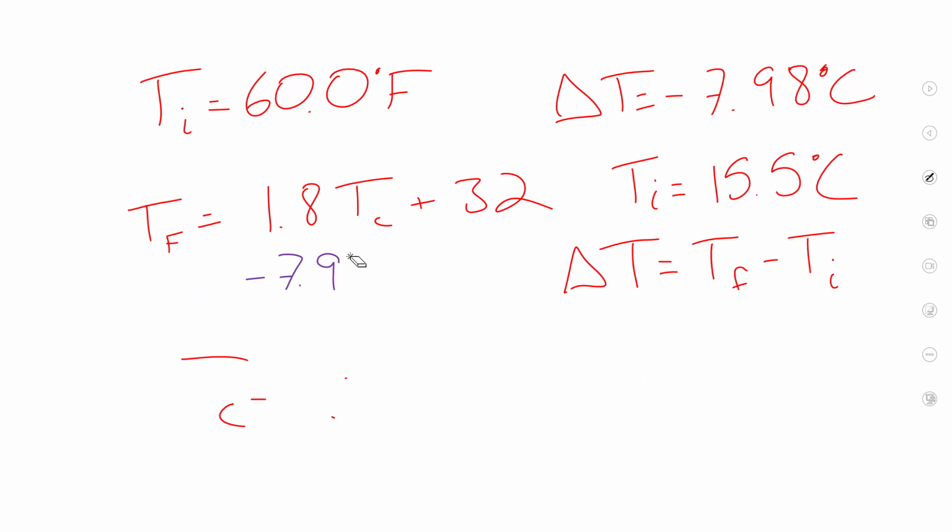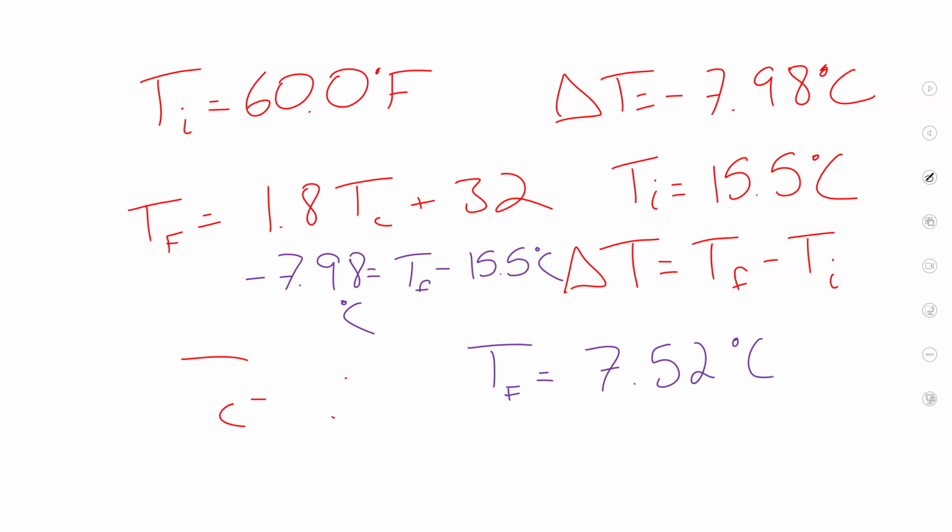Negative 7.98 equals TF minus 15.5. So TF is going to be 7.52, except because this is addition and subtraction, we're keeping the same number of decimal places as our least number of decimal places, so we can only go to the tenth place. So we just get 7.5.